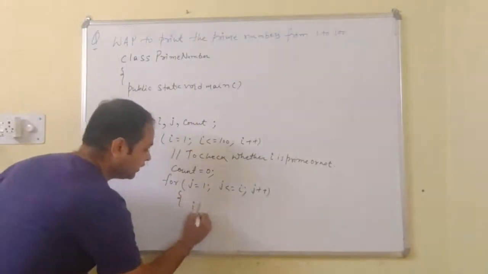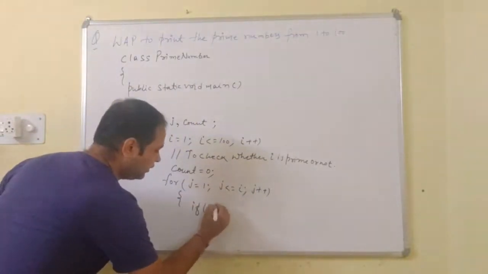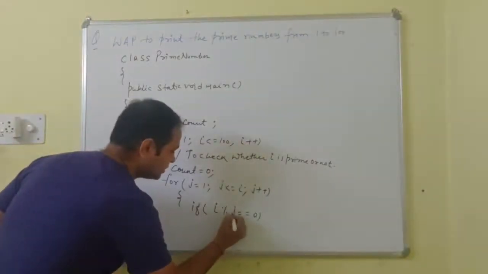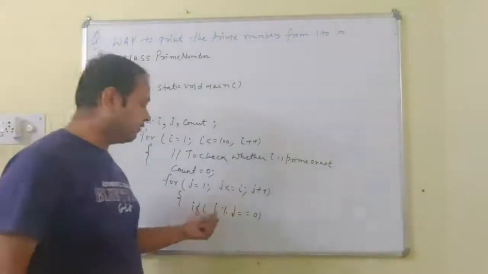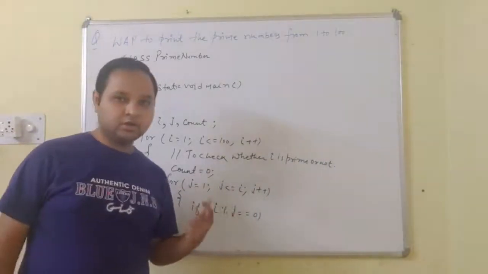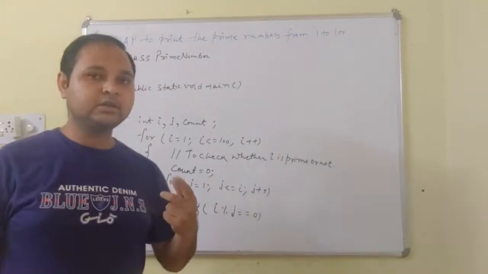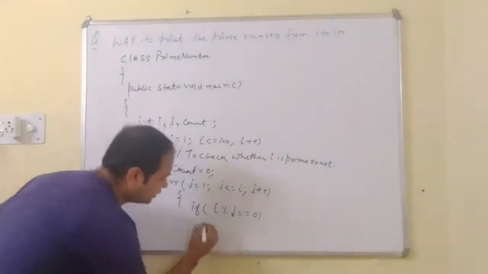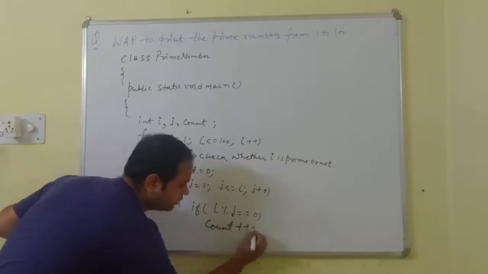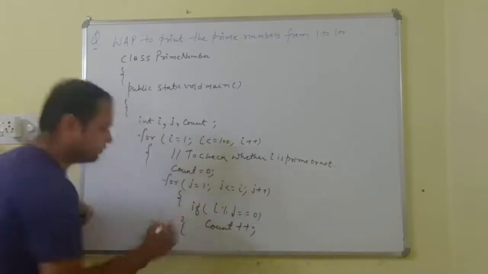Now, if i modulus j is equal to 0, that means the value of j which divides i will be a factor. If a number has only two factors, then it will be called a prime number. So we write count plus plus, meaning the count variable will be incremented. We close this loop.